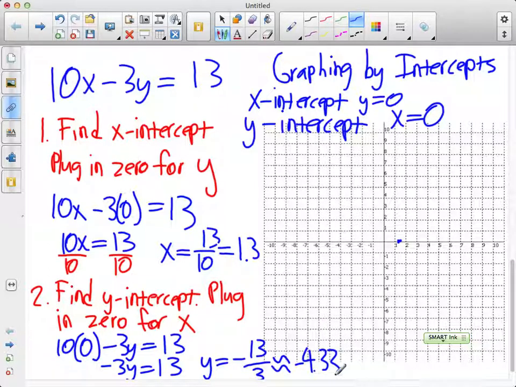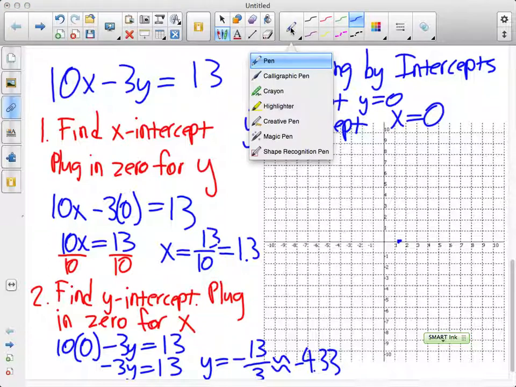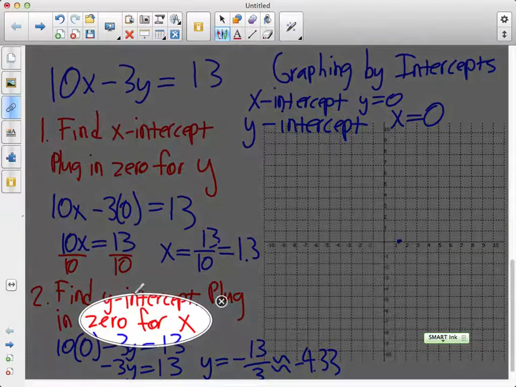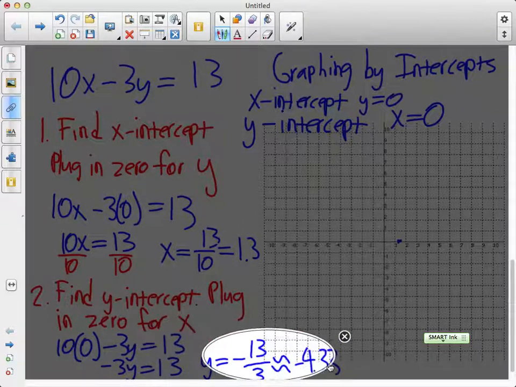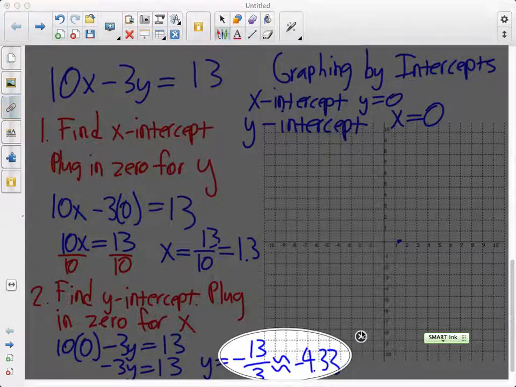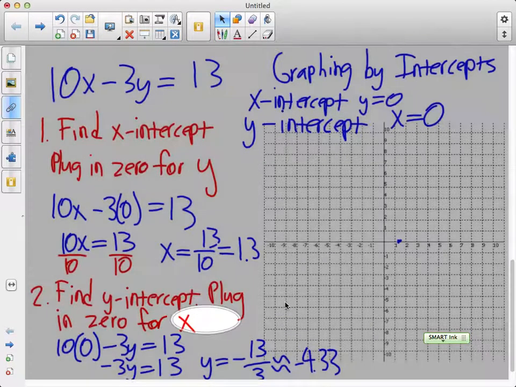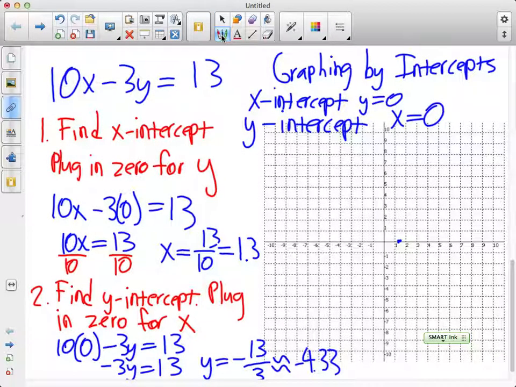So my y-intercept is x is 0, we plugged in 0 for x, and y is negative 4.33. So I'm going to plot that point now, 0 and negative 4.33. It's right about there.